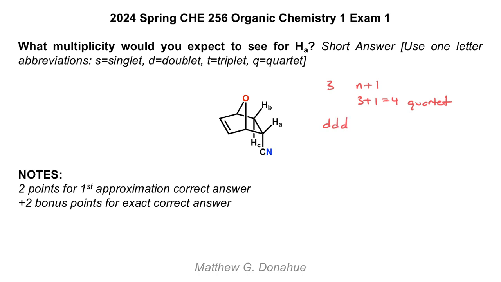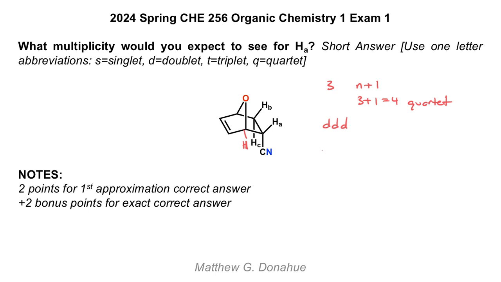And the way that arises is the dihedral angles of HA to all of the neighbors are all different. And because those angles are different, the couplings are different. And then you consider each separate.